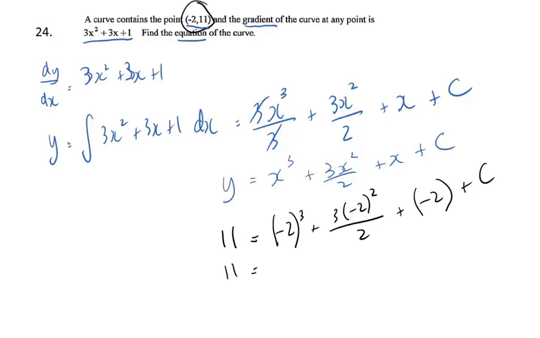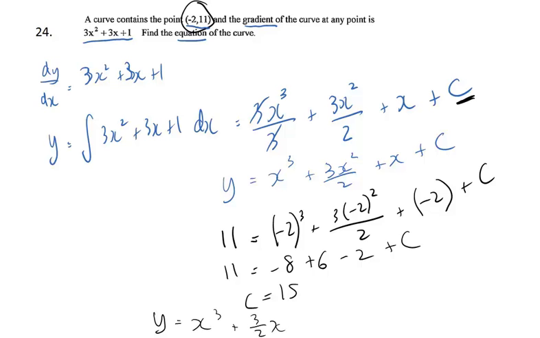So 11 equals -8, here -2 squared is 4, times 3 is 12, on 2 gives us 6, minus 2 plus our constant c. So if we put this all through, we'll get our constant is equal to 15. So we'll be able to put this in for our constant here. Our equation will be y is equal to x cubed plus 3 on 2 x squared plus x plus 15.